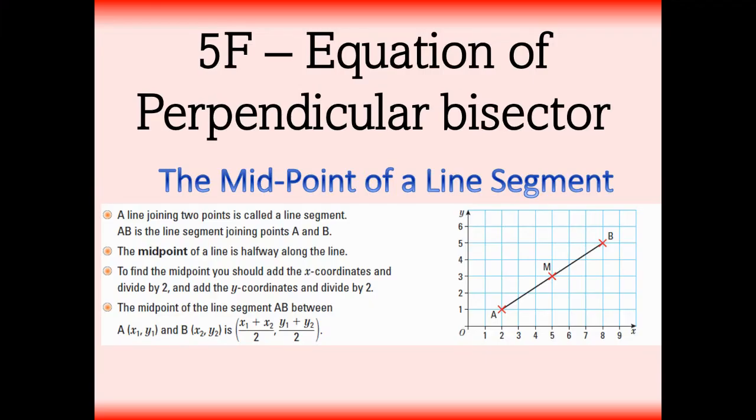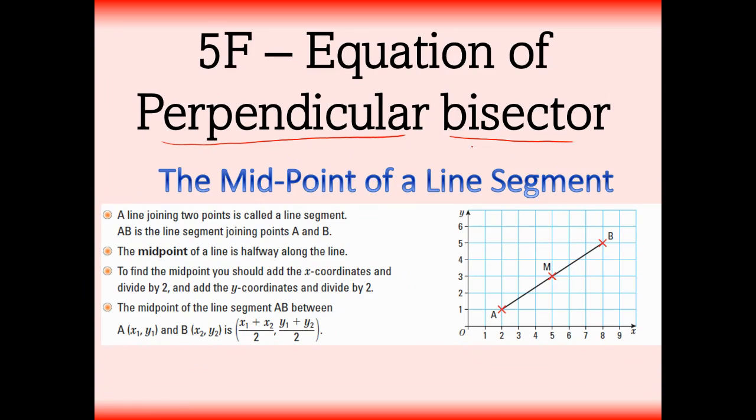All right, for finding equations of perpendicular bisectors, it's important that you know how to figure out the midpoint of any line segment. So if we know the coordinates of A and B here, we need to calculate the midpoint, because the word perpendicular bisector means figuring out the equation of a line that's perpendicular to AB and intersecting.